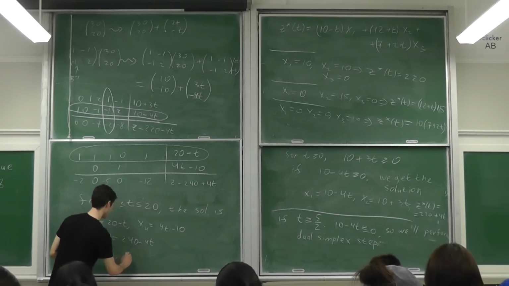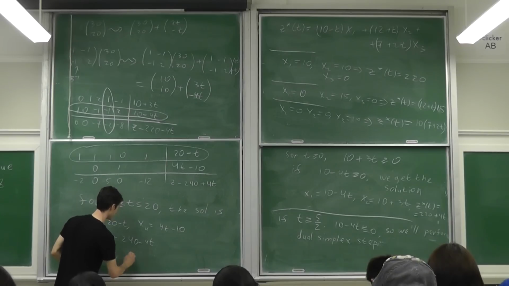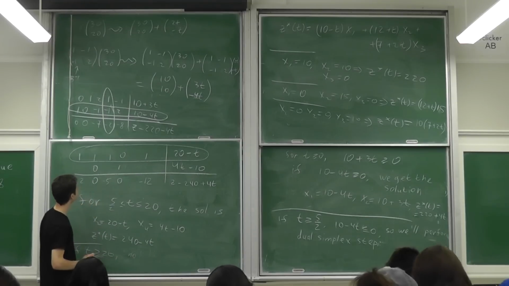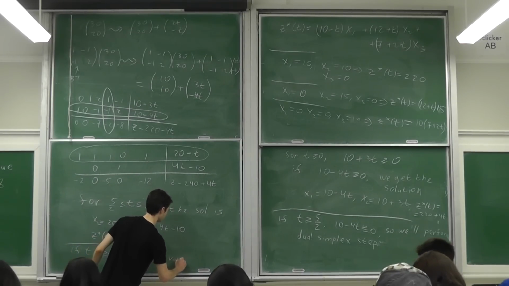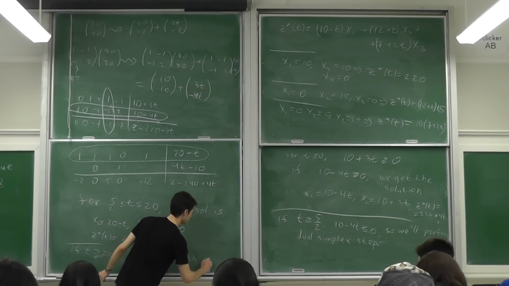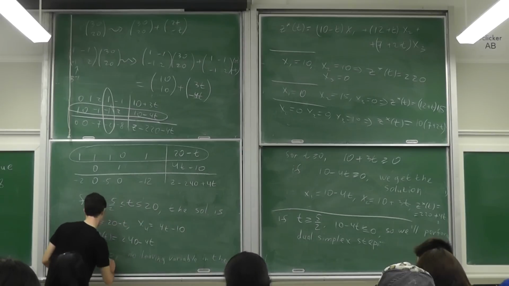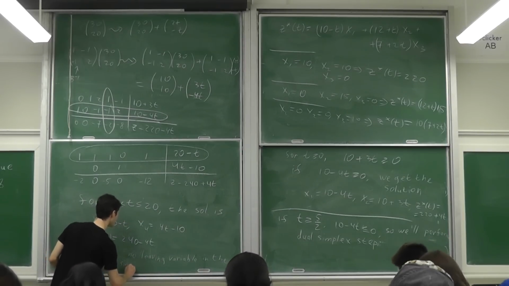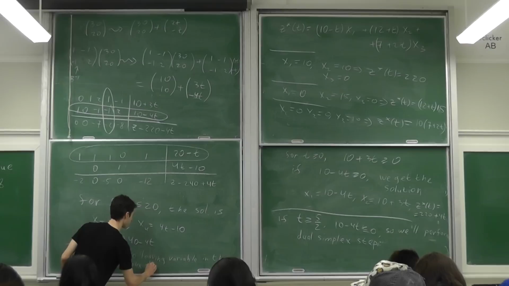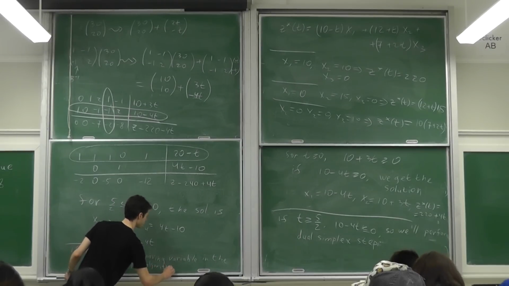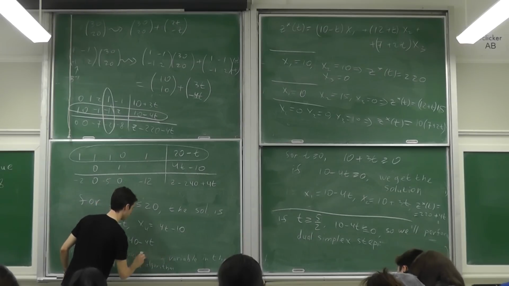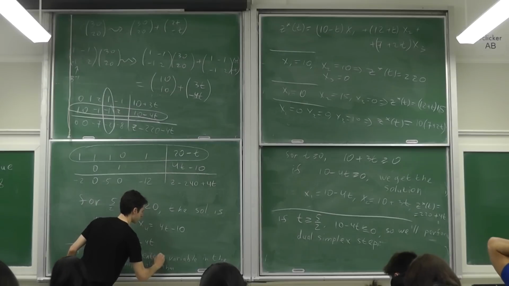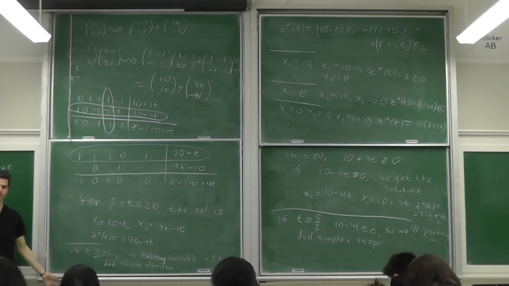So we can't choose an entering variable in the dual simplex algorithm. Sorry, there is a leaving variable, no entering variable. So what does it mean?